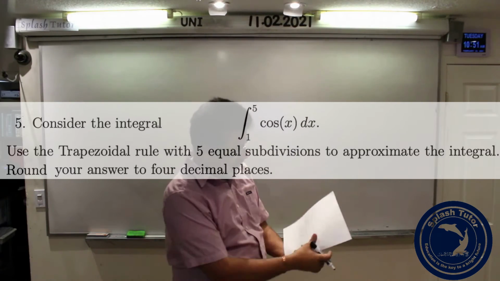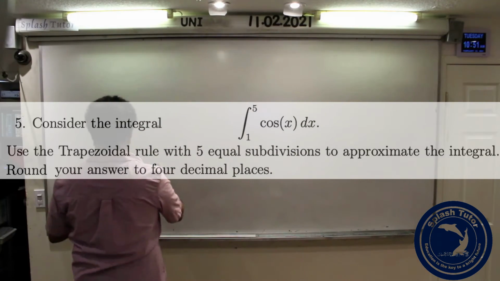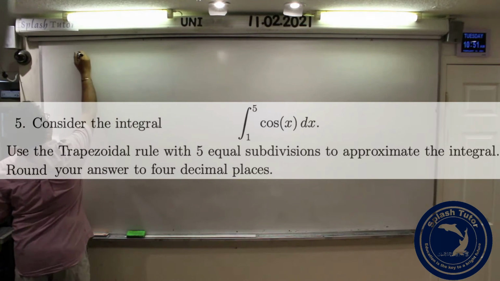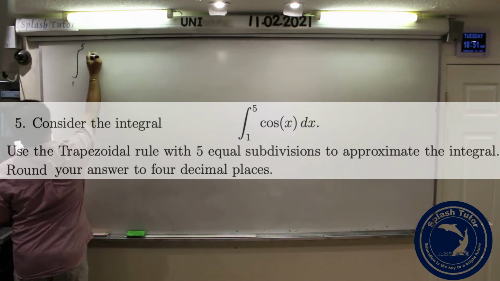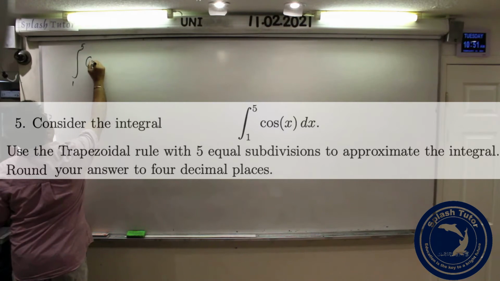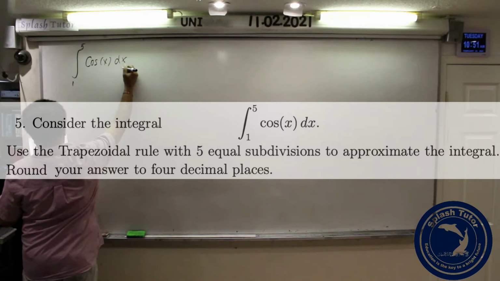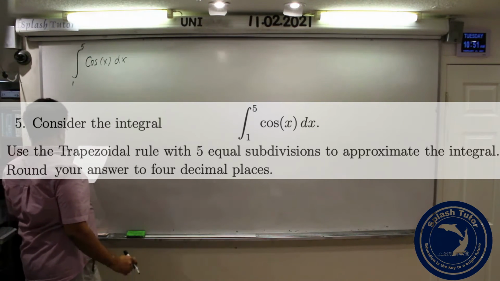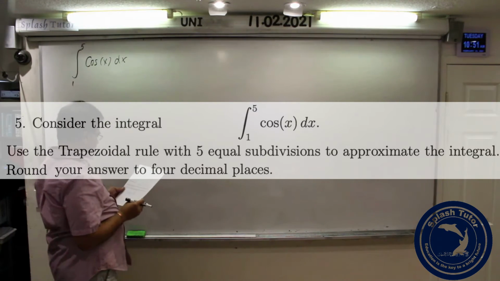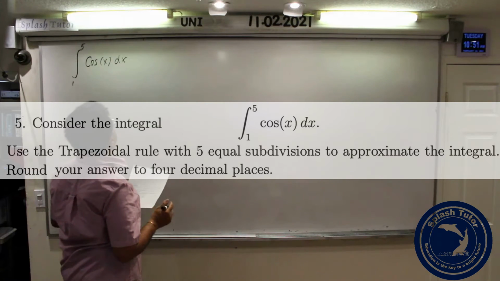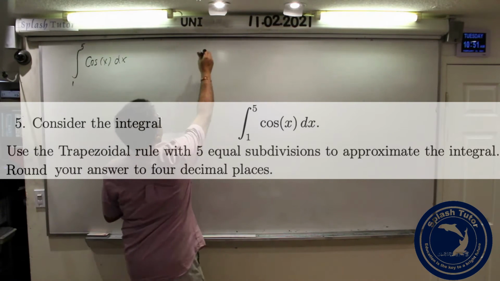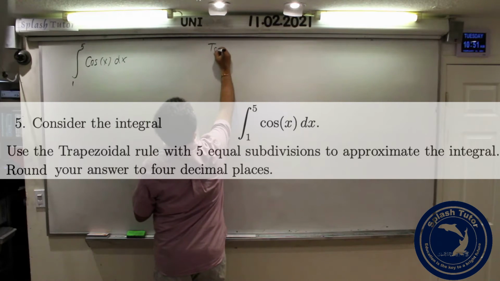So the question now is we need to integrate cosine x dx from 1 to 5 using the trapezoidal rule.